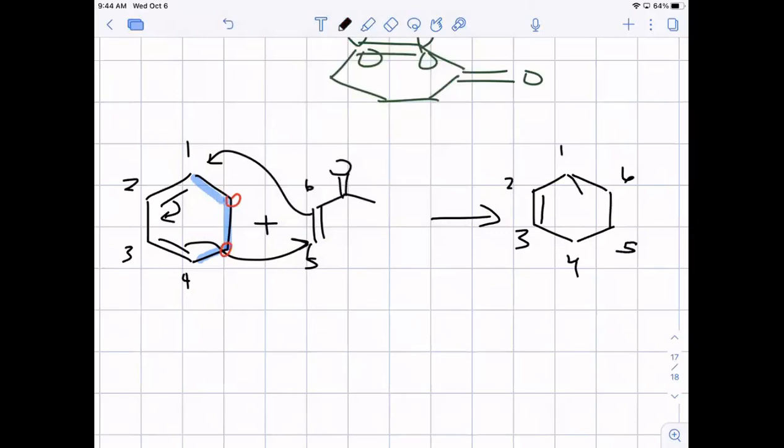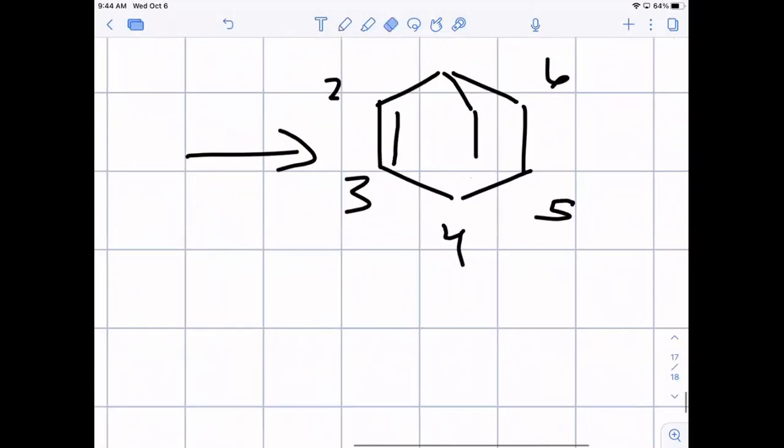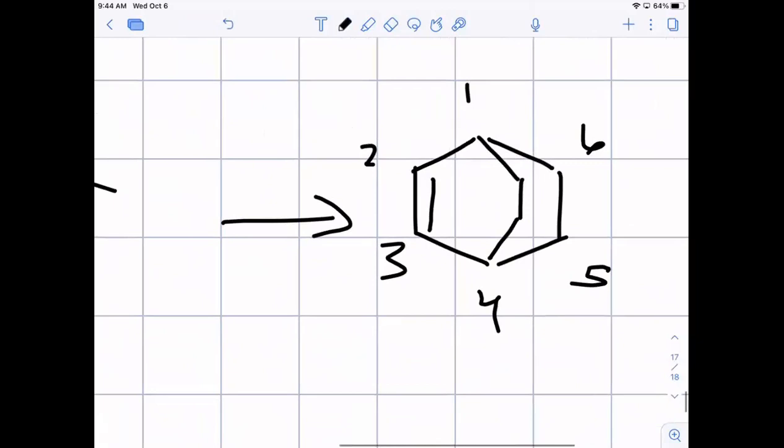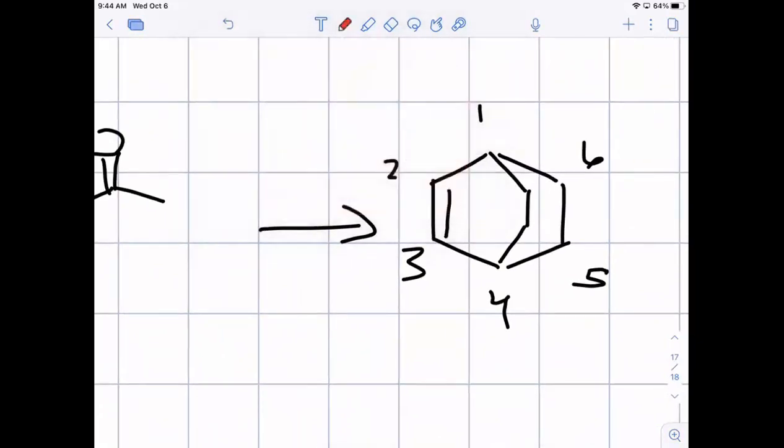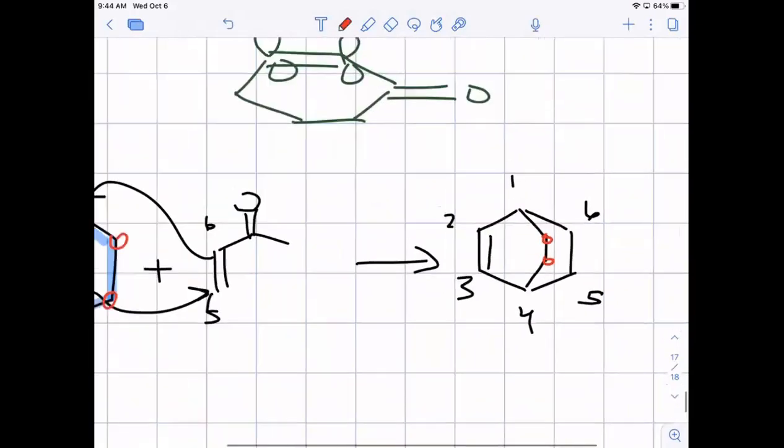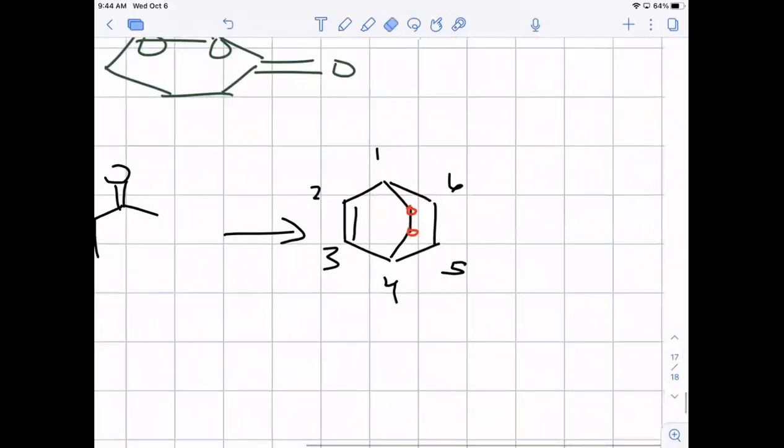So that's a carbon right there, that's a carbon right there, and that's a carbon right there. Those 2 carbons that were in the starting material are still here, and now I need to put a substituent on 6. This is an example of where we would see what we call endo and exo. So this is one of my products.